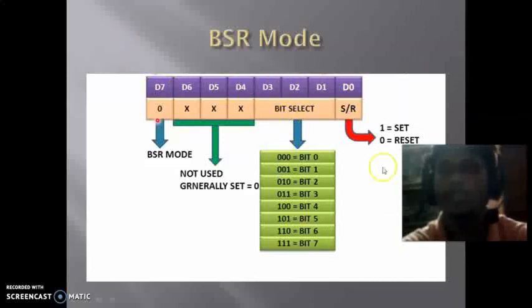There are 8 combinations, 0 0 0 to 1 1 1, which select bit 0 to bit 7 of port C. By selecting a bit, we can set or reset that particular bit. D4, D5 and D6 are not used here. And as I already discussed, if we write 0 in the D7 bit, then it is used as BSR mode. So this is the control word for the BSR mode that we can write in this way.